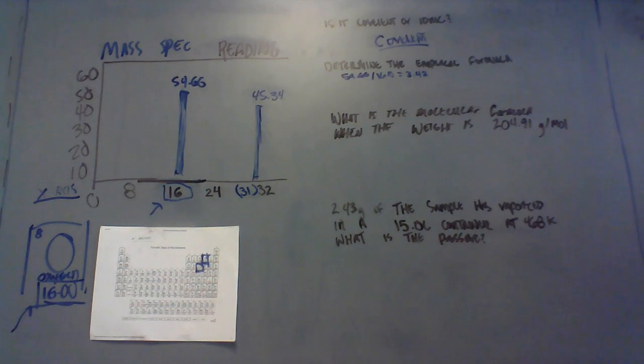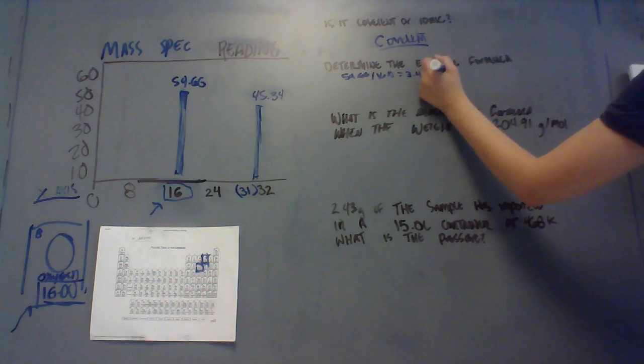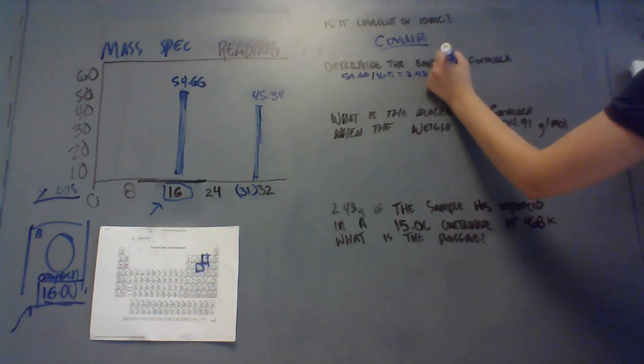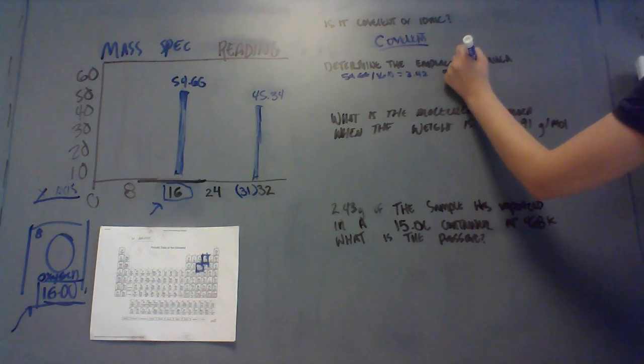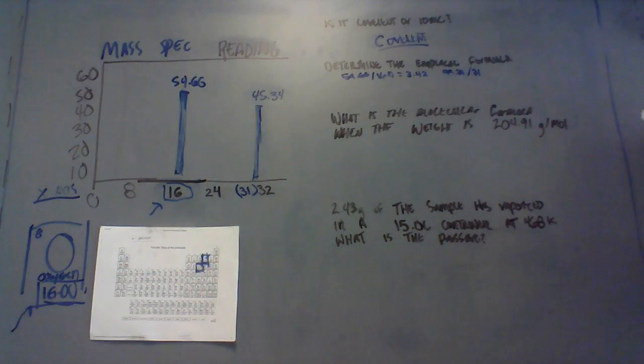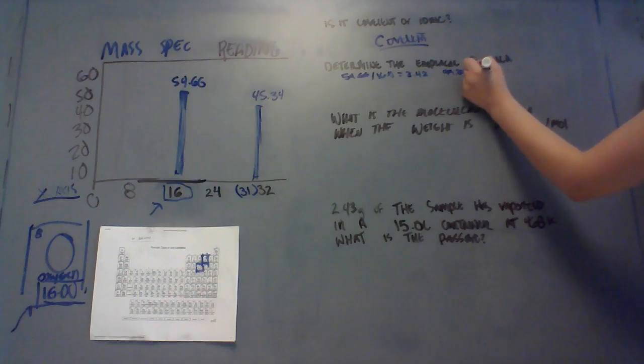Now following with phosphorus, we have 45.34, and we divide that by 31. And that is equal to 1.46.